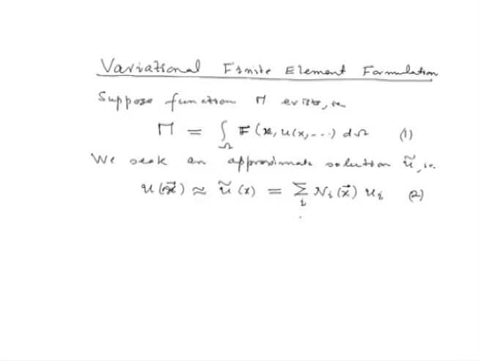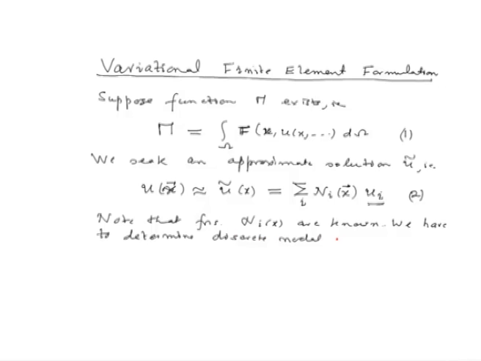So, u tilde of x is summation over I of N I of x into u I, and our task is now to determine u I. Note that the functions N I of x are known, and we have to determine the discrete nodal values u I to get the approximate solution, the finite element solution of our problem.